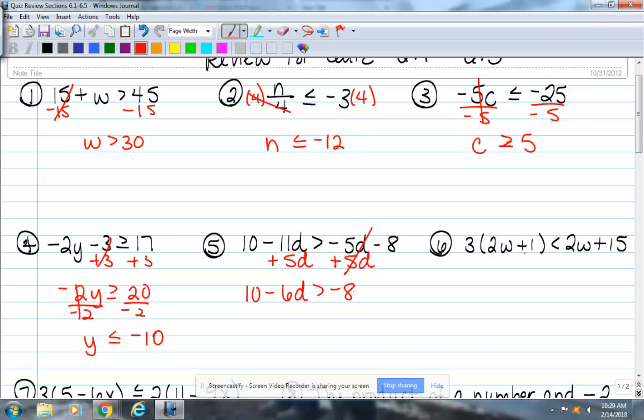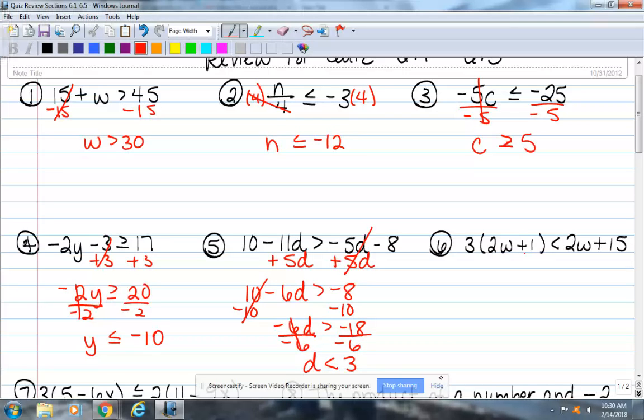Now what do we need to do to get d by itself? 10. So negative 6d is greater than what? Negative 18. And then what do we do to get d by itself? Swap our sign. So d is less than what? 3. So any questions on number 5?